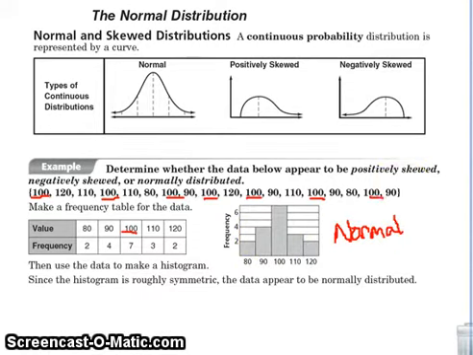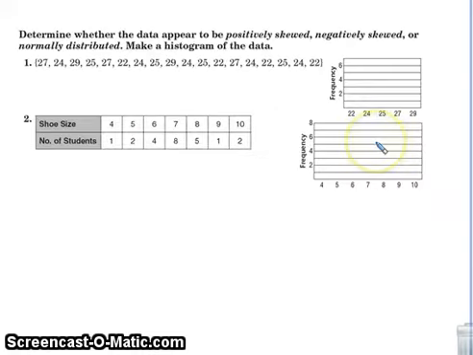I need all of you to pick up a writing utensil so that you can make a histogram for the next two sets of data to decide whether they are a normal distribution or not. If we look at 22, we have to count the frequency of 22 in our set of data. So that's actually 1, 2, 3, 4.